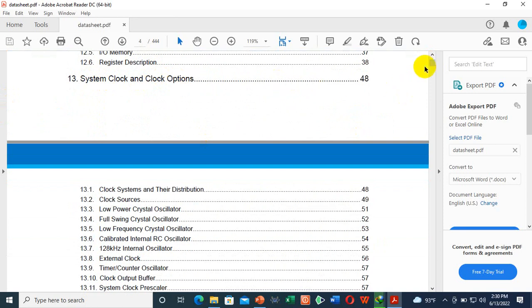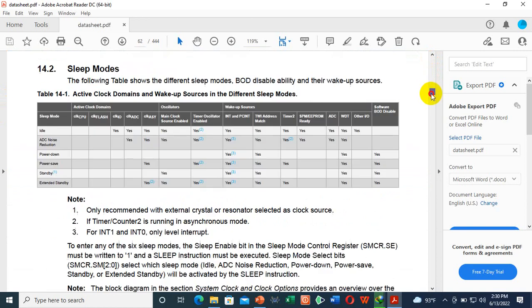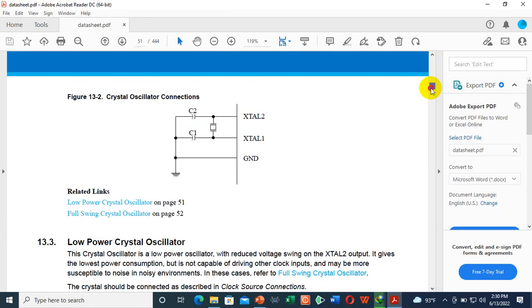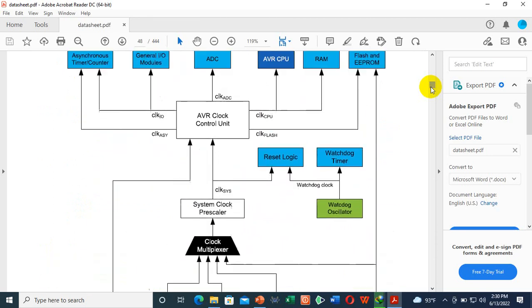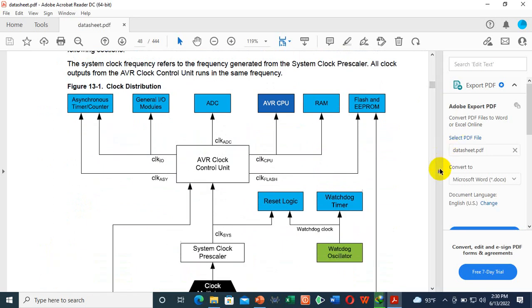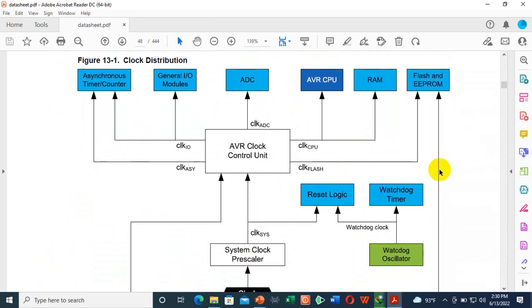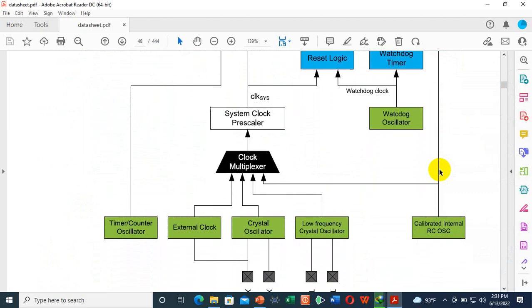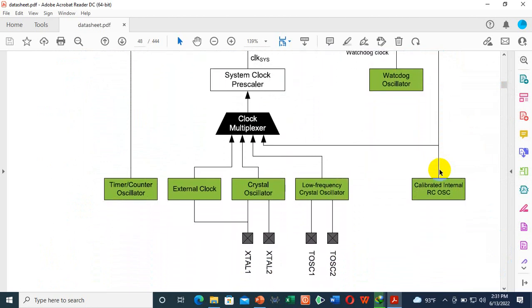So let's go to page number 48. Look at the picture, a colorful picture. So look over here. These are the different sources or oscillators, clock generator.